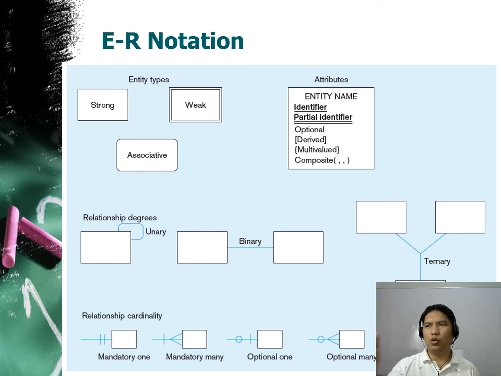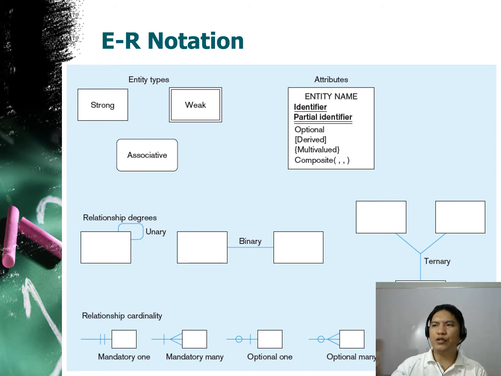Now you also have the attributes. There are different options in terms of how you draw your ER diagram, but the way these diagrams are represented right now is the way I want you to do it as well. There are other models that you can follow, but I recommend this type.